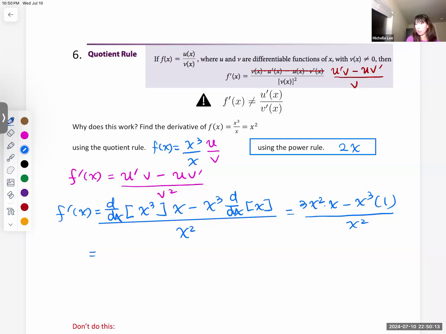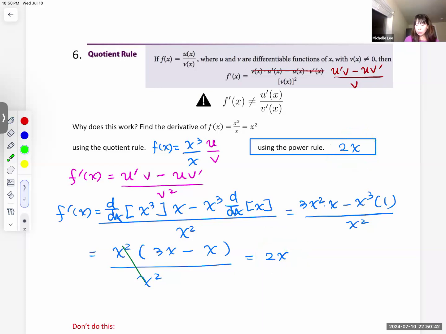Let's factor out x squared: 3x minus x over x squared. We simplify, so that's 1. So we have 3x minus x, which is 2x. Same as the answer, right?